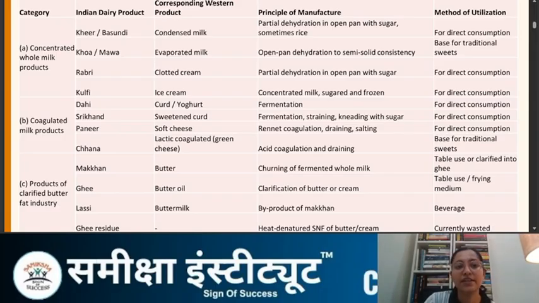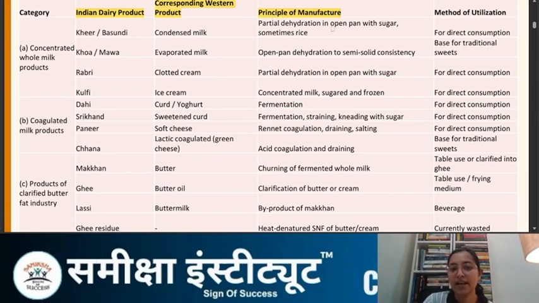So the corresponding western product you have to remember. You have to remember that the Indian dairy product is this. Then what is its corresponding western product? What is the principle of manufacture and method of utilization? You can easily decipher; you don't need to remember each of these values. So starting with kheer, condensed milk, how is it manufactured?